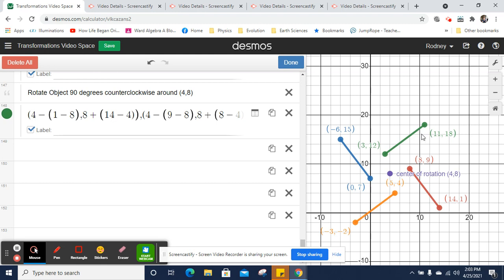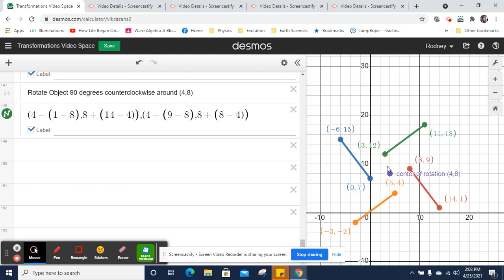So let's check all our points. So this point should be 10 up and 7 to the right, because this is 10 down and 7 to the right. I'm sorry, hang on. This should be 10 to the right, and let me double check this. So we're here at 4, 8.